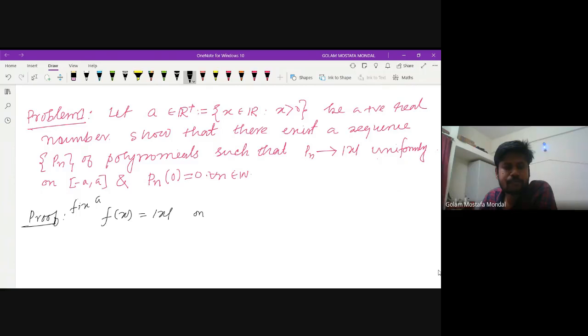First fix a and define f of x equal to mod x, where x belongs to minus a to a. So clearly f is a continuous function on this interval.